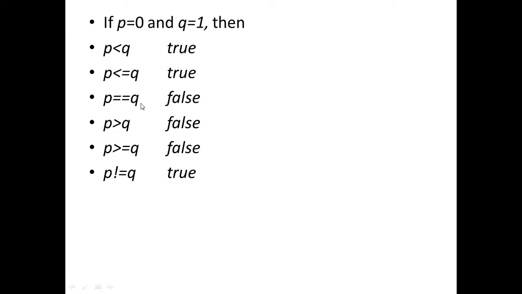p is equal to q. Is 0 equal to 1? No, false. Is 0 greater than 1? False. No, sir. Is 0 greater than or equal to 1? Both the conditions are false. Neither is it greater than 1 nor is it equal to 1.